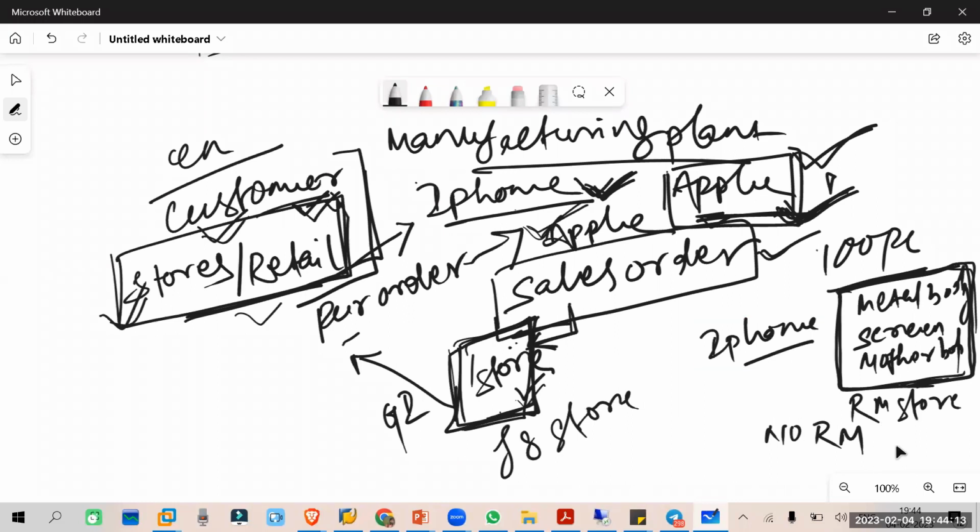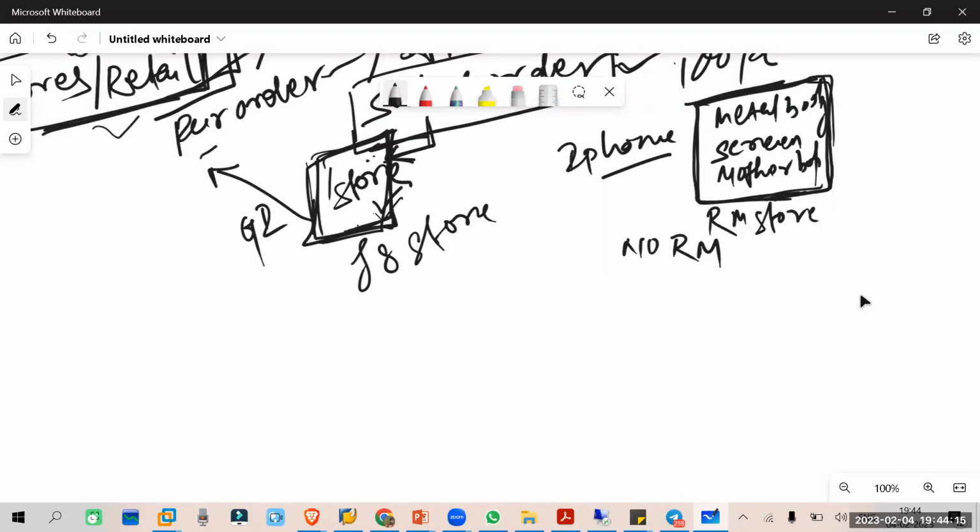To produce this iPhone, you need this raw material, right? So now if there is no raw material, what you need to do is raise a purchase requisition for raw material.